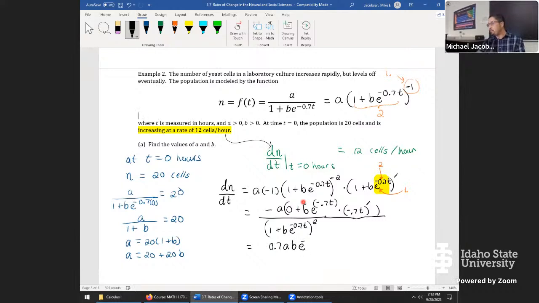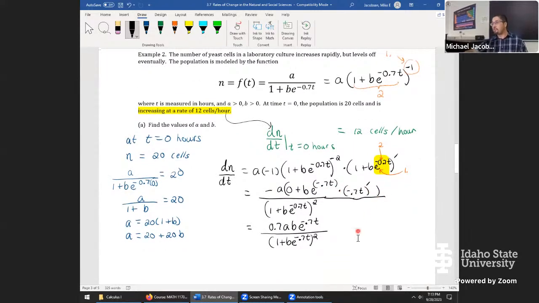The function e to the negative 0.7t, still alive and kicking, survives in the numerator. And our full denominator is 1 plus b e to the negative 0.7t squared. So I think we've done it, folks. That's our derivative. I don't see how it can really simplify too much more. Any questions at all getting to that stage?